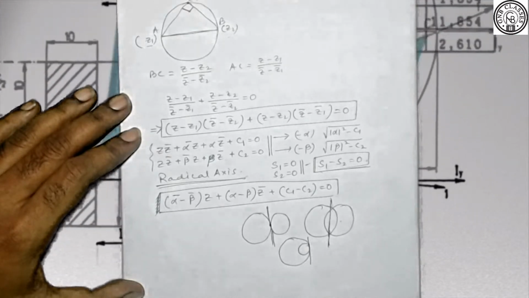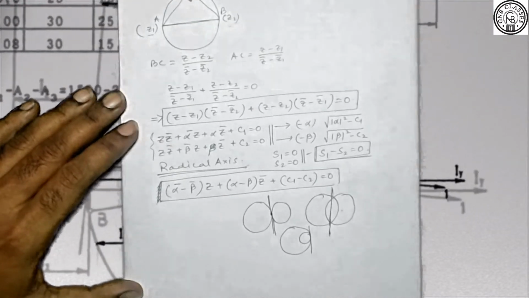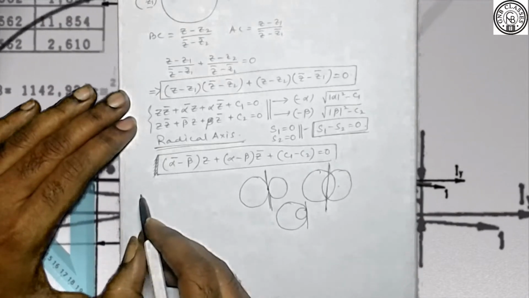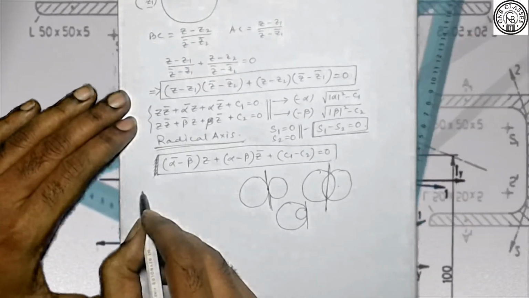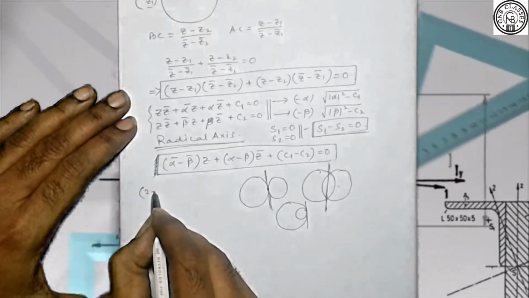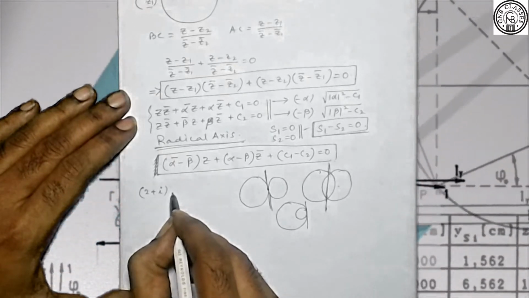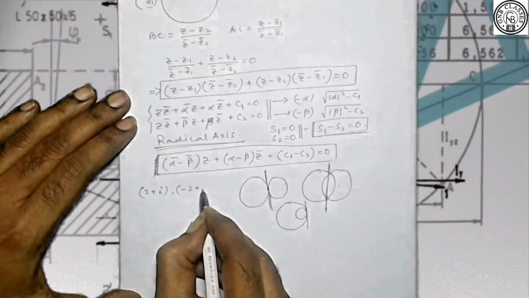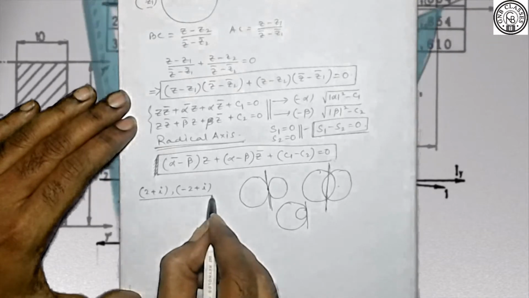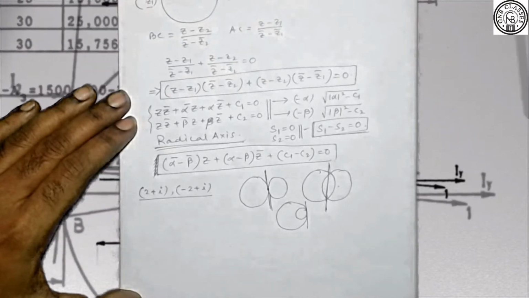Now, suppose the two extremities of a diameter are given to you as 2 plus iota and minus 2 plus iota, and the question is to find the equation of the circle.